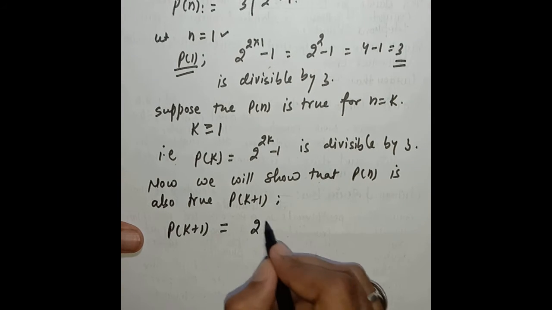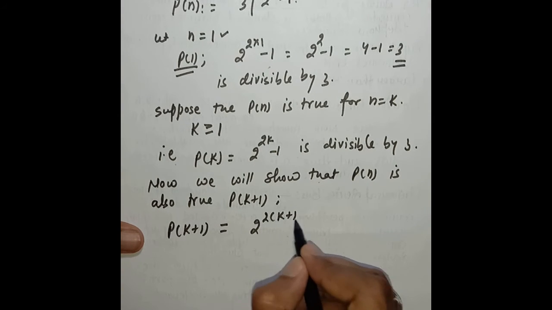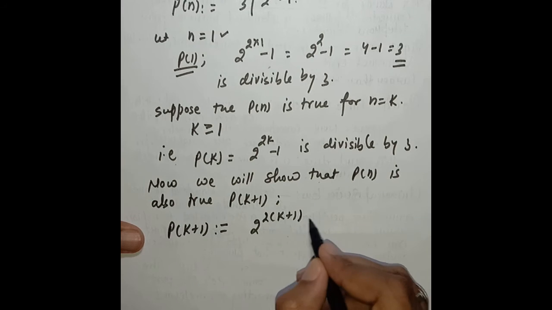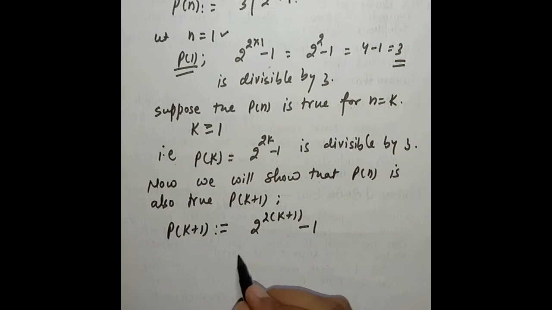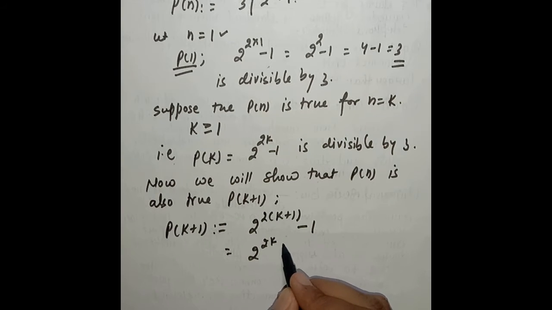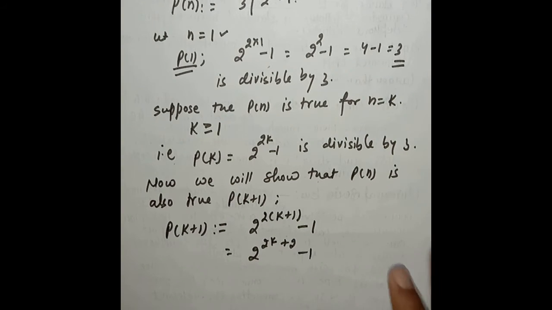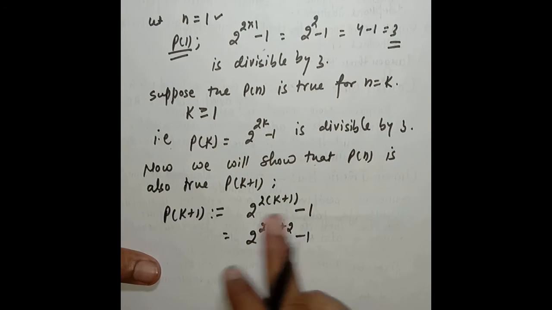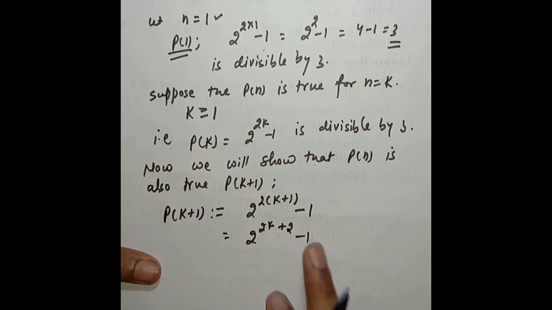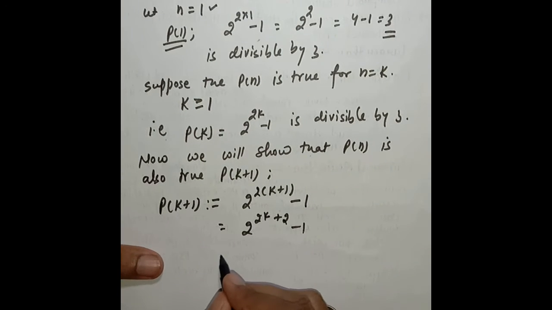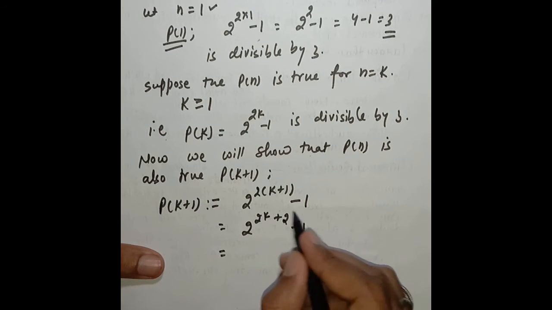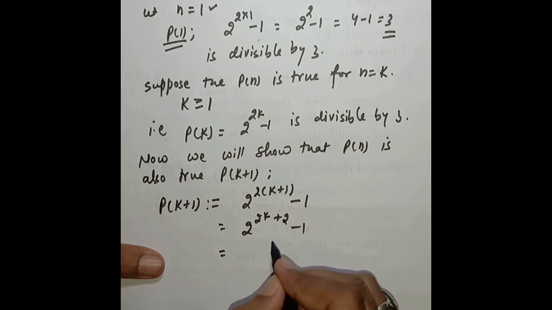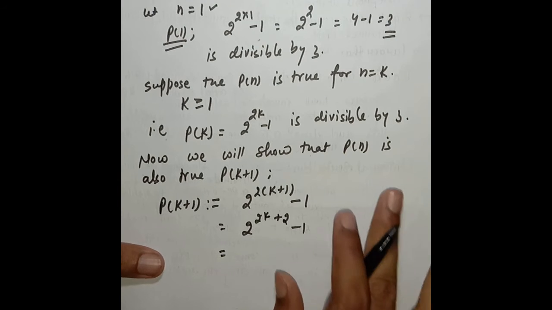This is equal to 2 to the power 2k plus 1 minus 1. We can write 2 to the power 2k plus 2 minus 1. We are not sure that it is divisible by 3. We are actually trying to prove, or we are checking out, whether it is true or not.